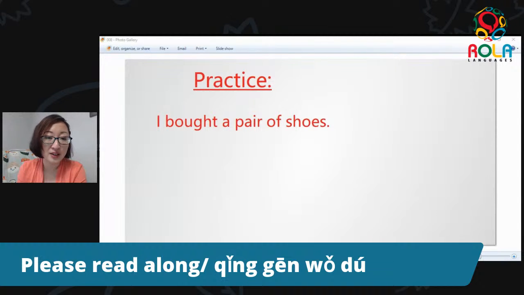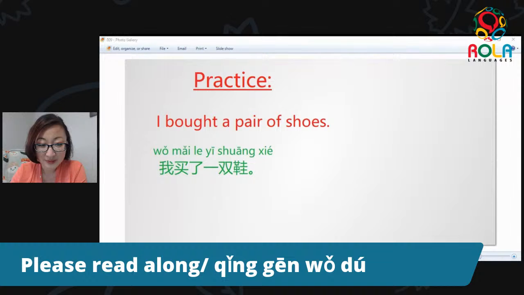It's a movement that might not make your husband happy, but it's already happened. So how do we use le to make this sentence? There you go. The le goes after the verb. 我买了一双鞋. 我买了一双鞋. A pair of shoes, 一双鞋.